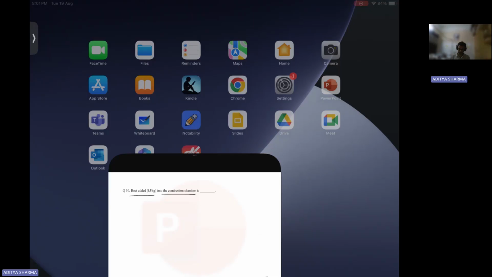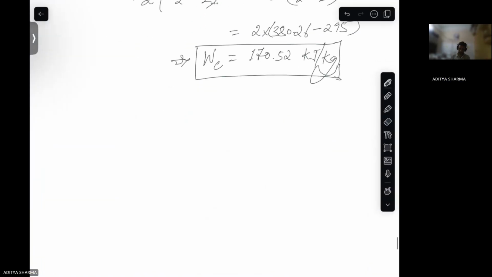Then next question is heat added into the combustion chamber. For heat added, what do we need?